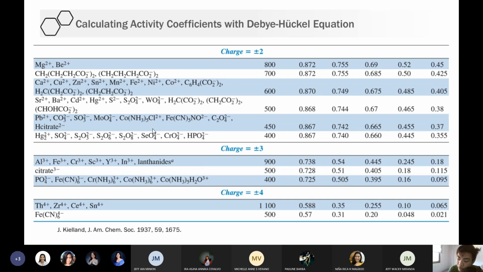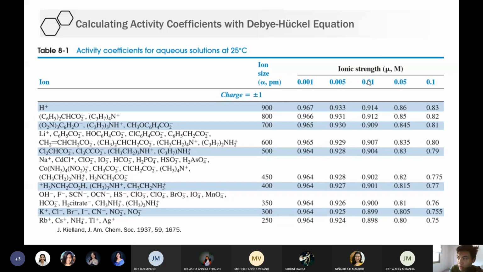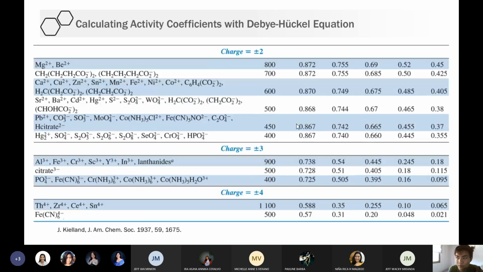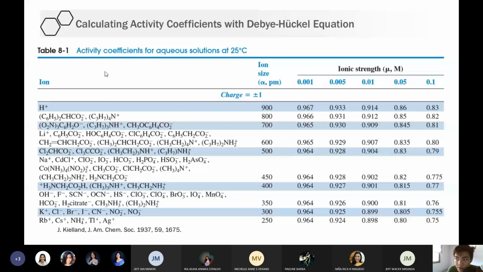Instead, we are just going to look for the ionic strength and compare. You just look for the ionic strength and then you will get the corresponding gamma value instantly using this table. So you have to save this picture. You have to save this table.